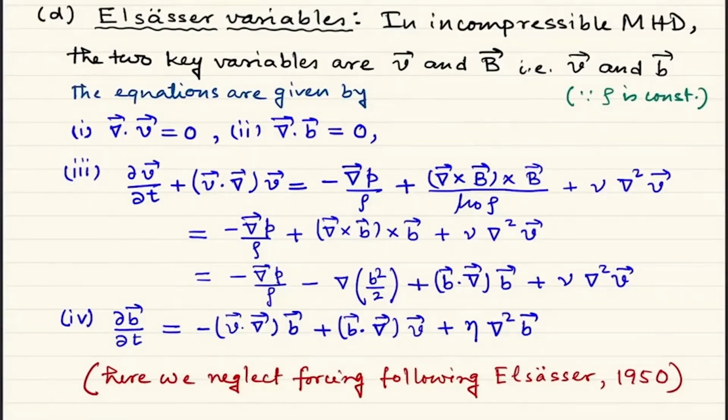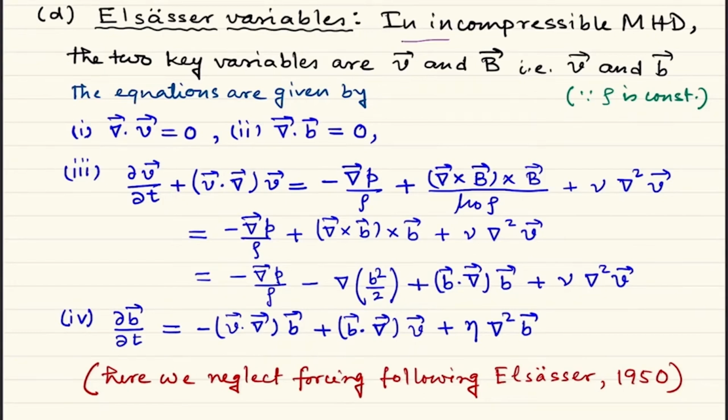So if you remember the incompressible MHD, for example, the key variables are simply V and B, because rho, the fluid density, is constant. So simply we can write the whole thing in terms of V and B. Of course, we have a pressure-like variable, but we also know from our previous discussion that finally pressure can be solved in terms of velocity.